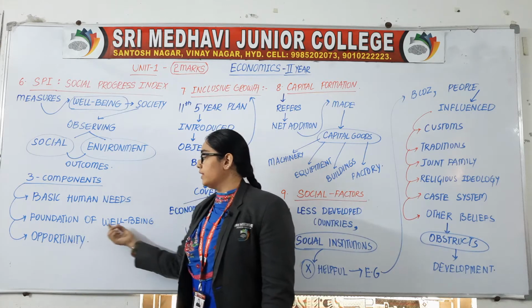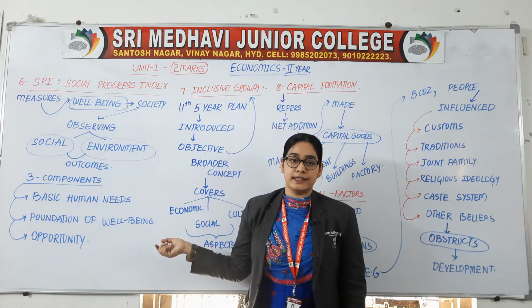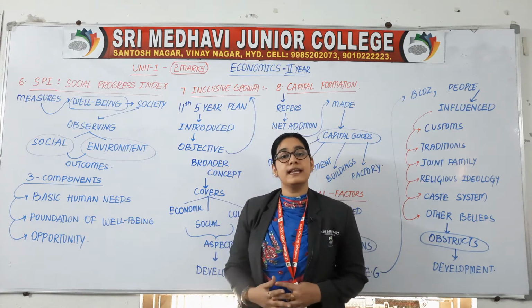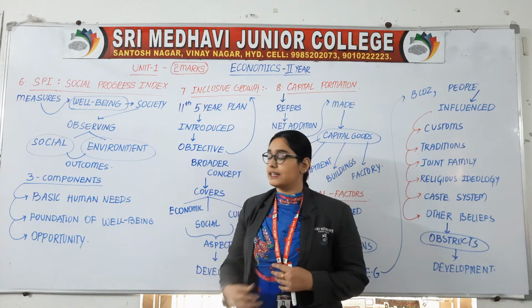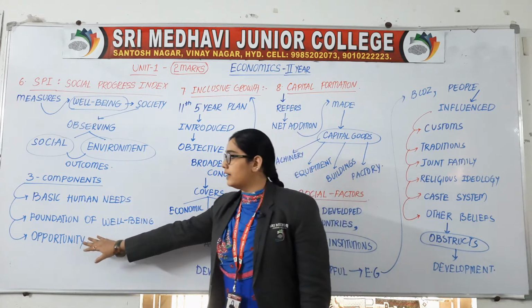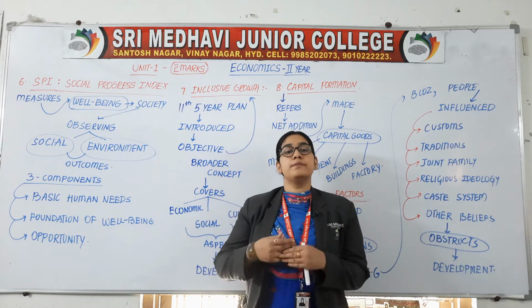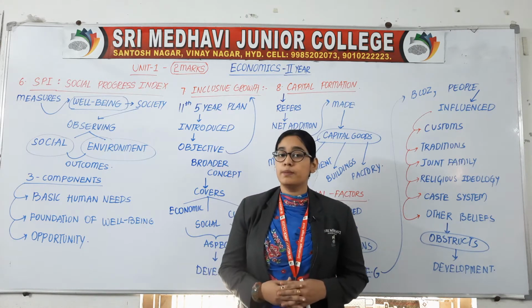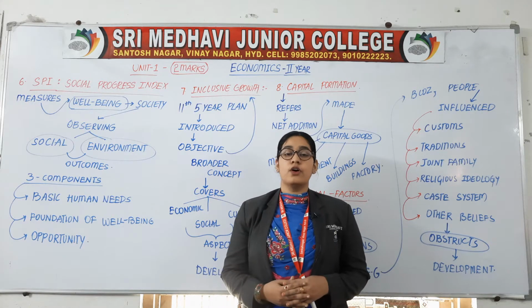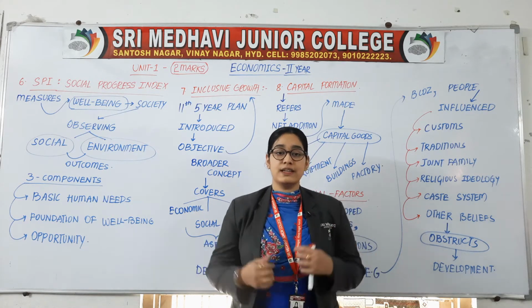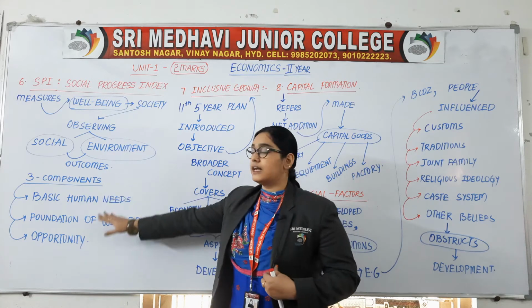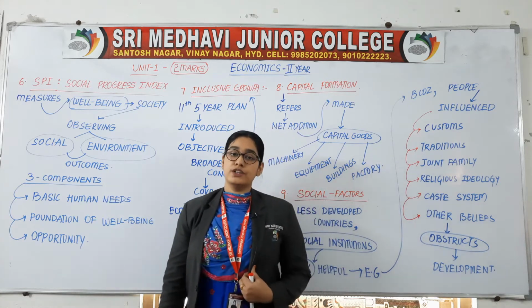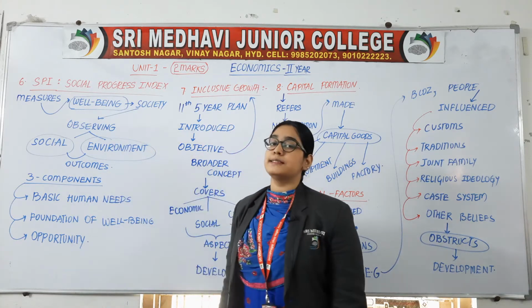Second one, foundation of well-being. If you are happily living your life, that is nothing but well-being. Then opportunity, whether every person is getting equal chance, equal opportunity to live their free life or not, or whether there are inequalities. So these are the 3 components which are used to measure SPI.